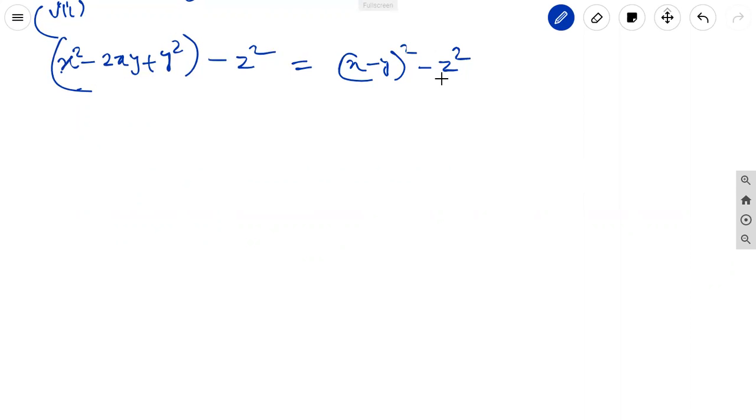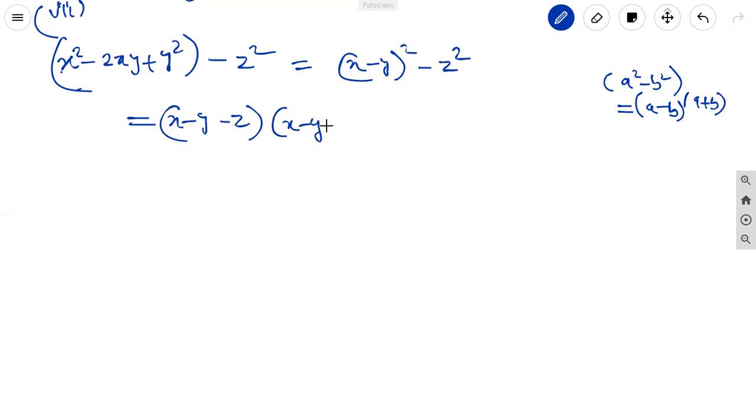This is also in the form of identity, that is a square minus b square equal to a minus b into a plus b. Here a is equal to x minus y, so (x minus y minus z) into (x minus y plus z) are the factors.